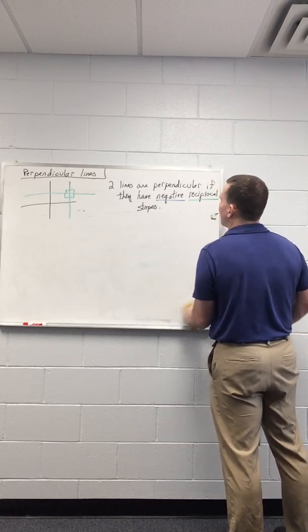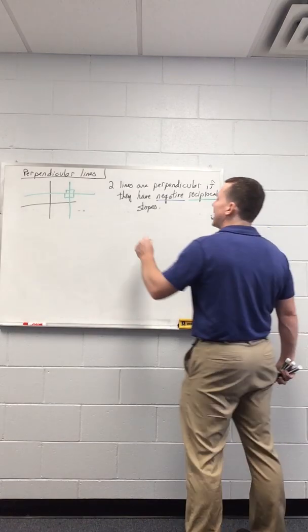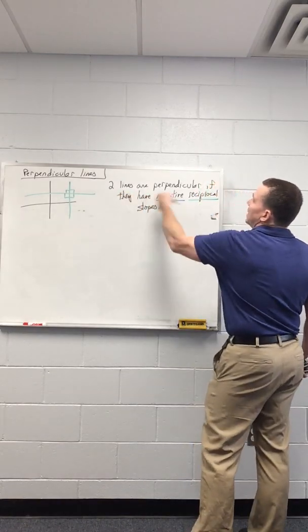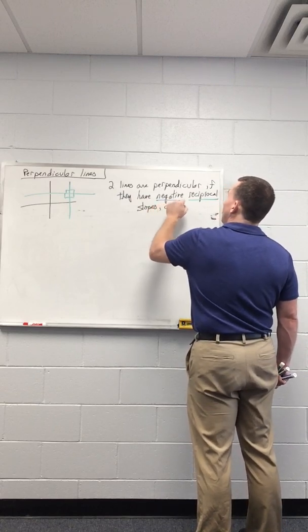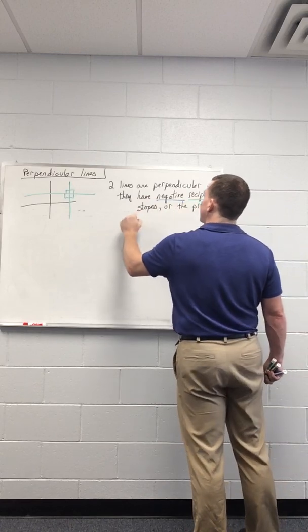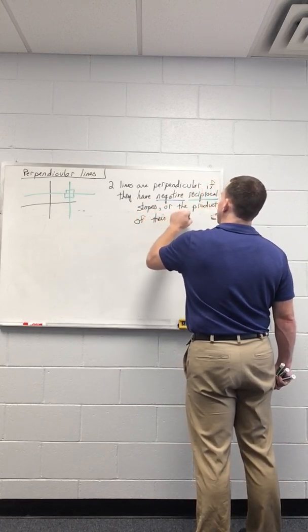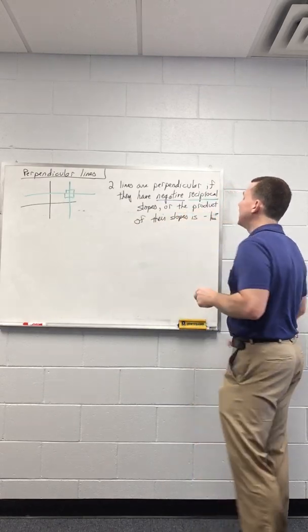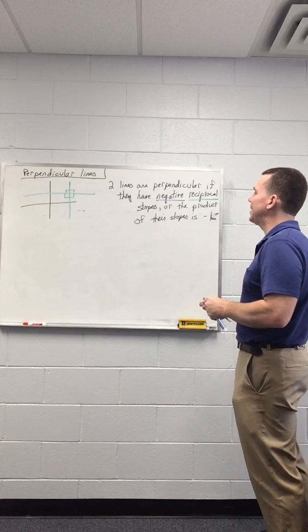Everything cancels out except for a -1. Which means another way we define perpendicular lines is: two lines are perpendicular if they have negative reciprocal slopes, or the product of their slopes is -1.